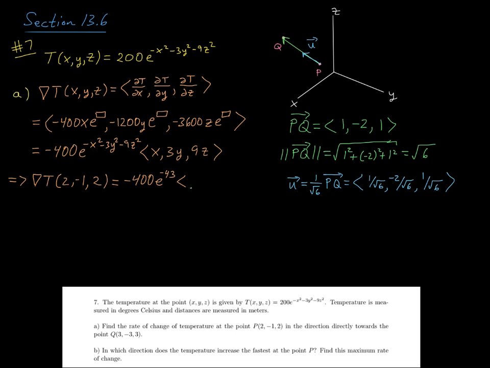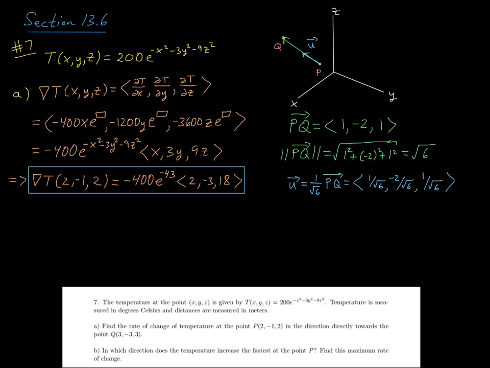And the vector here would be (2, -3, 18). I'll put this in a box for our reference, since we're going to need it.